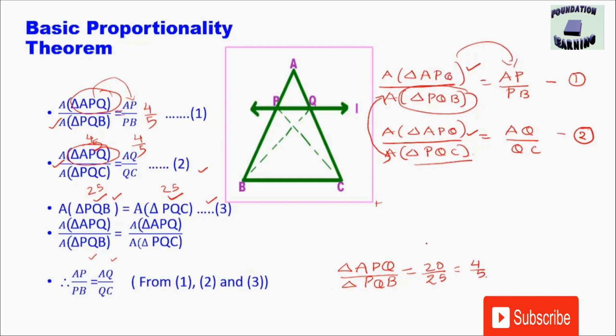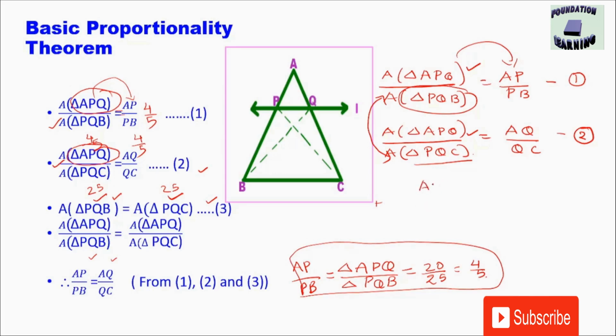So we have got APQ upon PQB is equal to 20 upon 25, which is equal to 4 upon 5. Now APQ upon PQB is equal to what? AP upon PB is equal to AP upon PB. Naturally, all are equal, so this value will also be 4 upon 5. So the entire thing is now 4 upon 5.